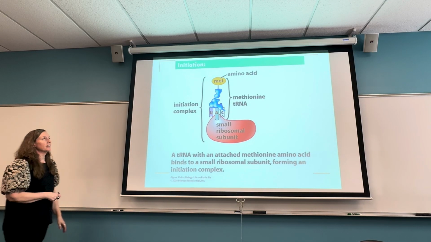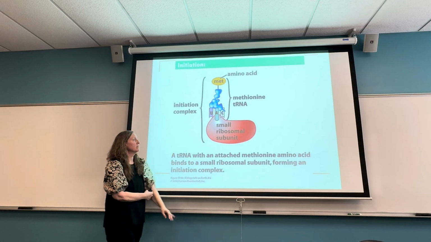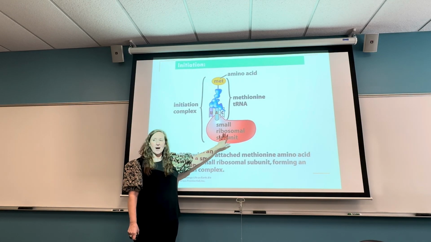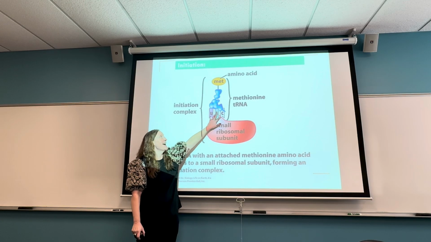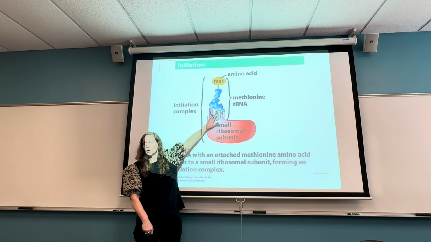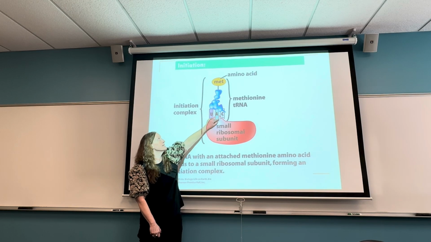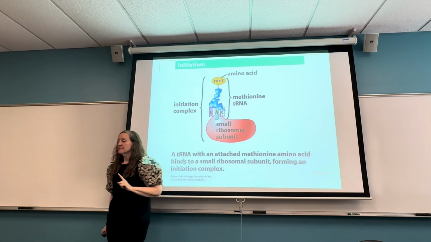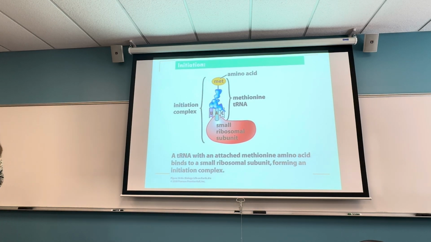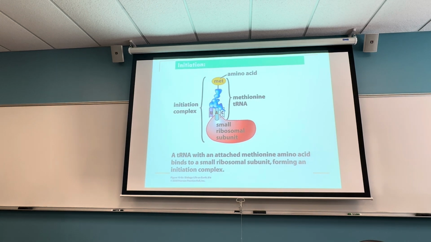So initiation means that there's a small ribosomal subunit. It has the anticodon to AUG. The anticodon to AUG is UAC, which carries the amino acid that AUG codes for, which is methionine.